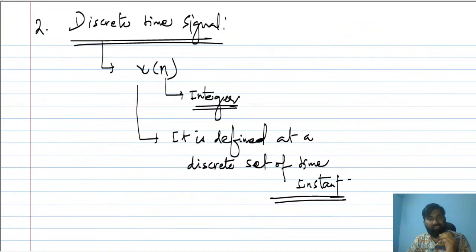But we'll see how we convert a continuous time signal to a discrete time signal. Suppose this is a continuous time signal, CTS.